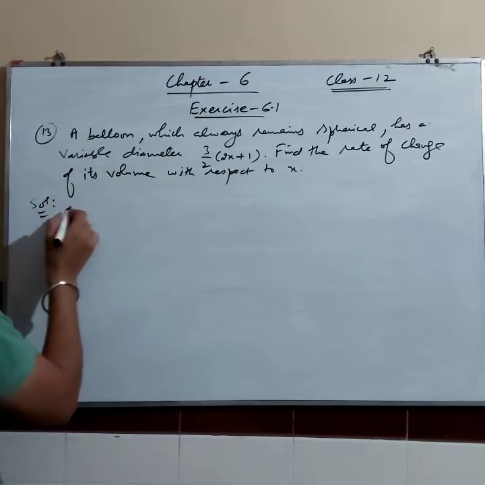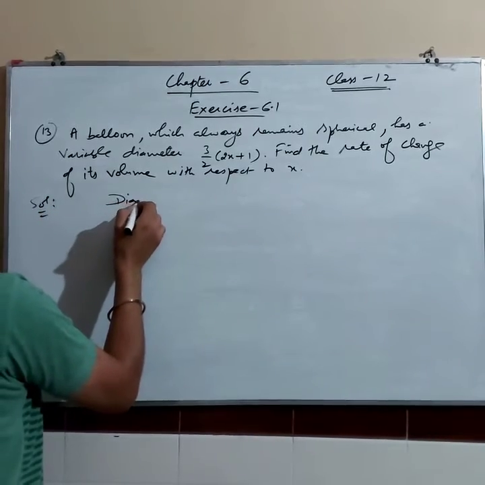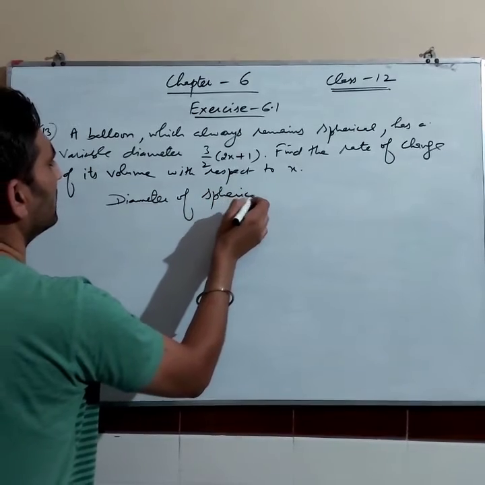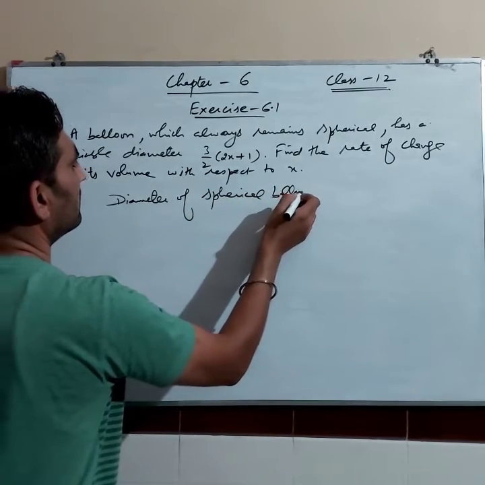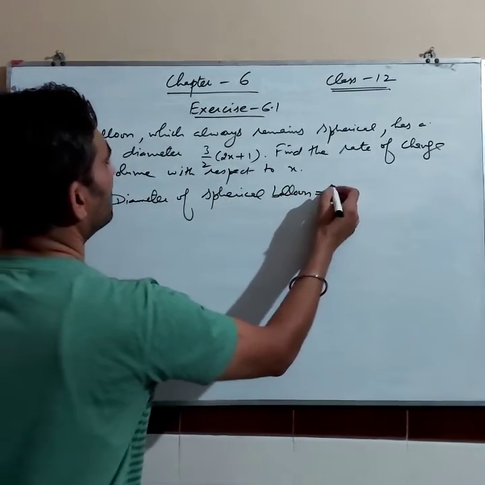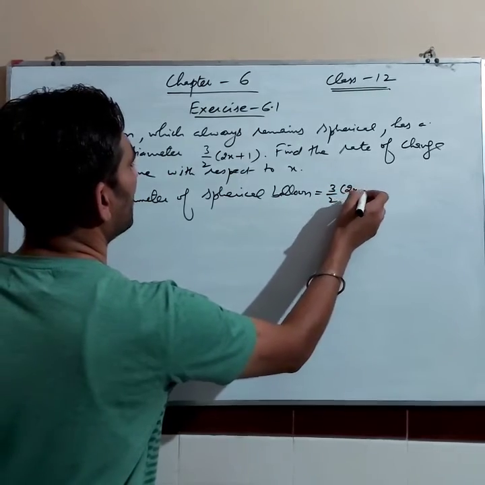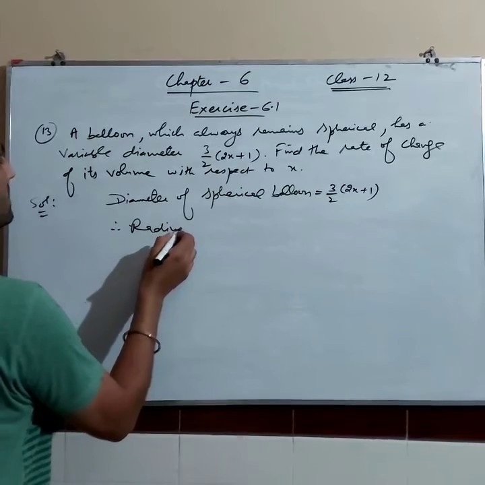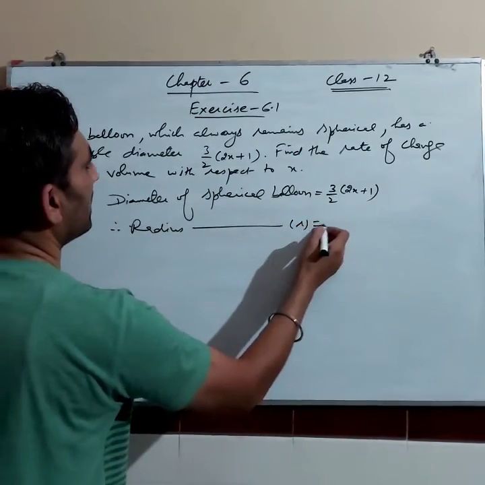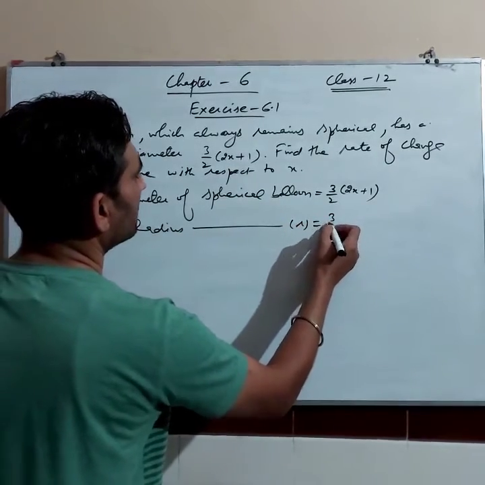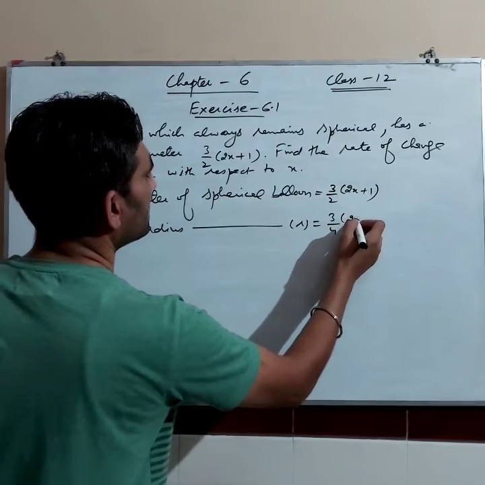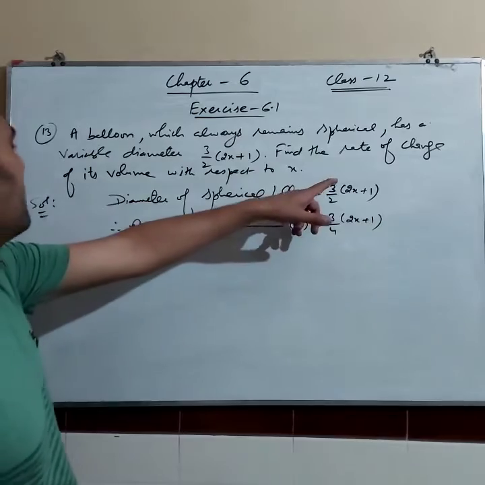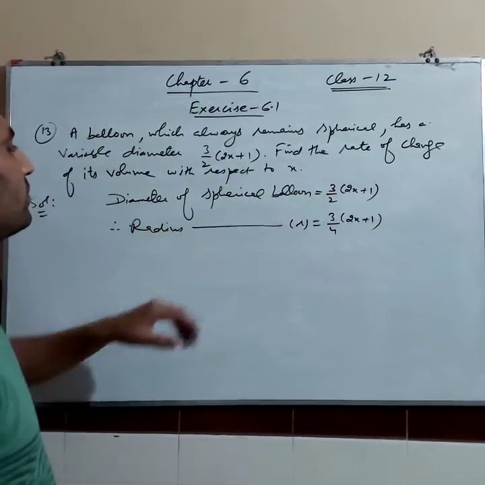The diameter of the spherical balloon is 3 over 2, 2x plus 1. So the radius of the spherical balloon, r, is half of this, which is 3 over 4, 2x plus 1.